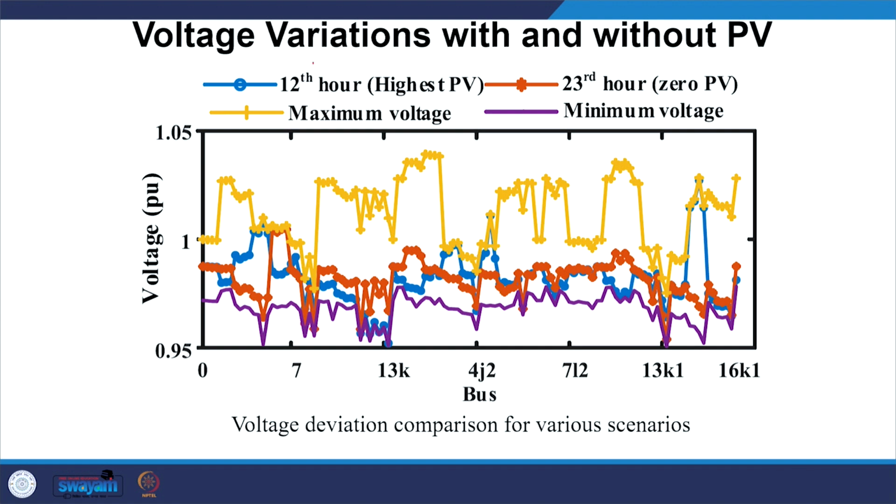So we could experience the 12th hour with highest PV and the 23rd hour with zero PV, and this is my maximum voltage and minimum voltage setup. So at different buses, you can see how the voltages keep fluctuating because of PV integration from time to time. So with this, we come to an end.